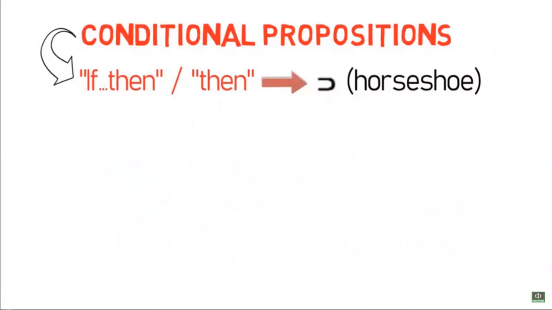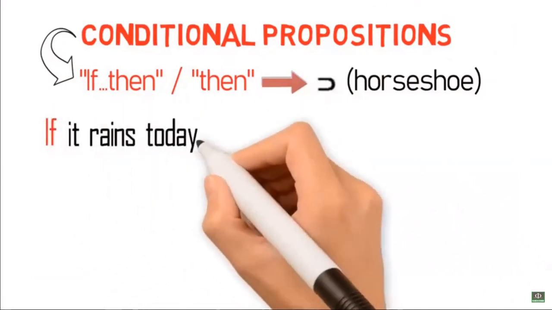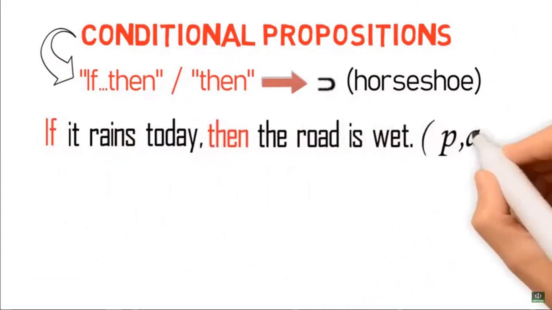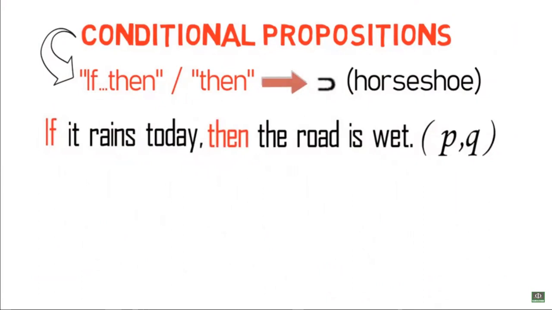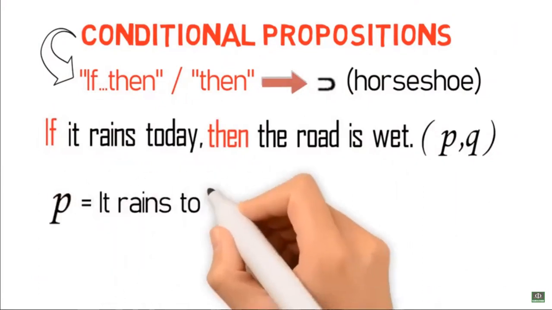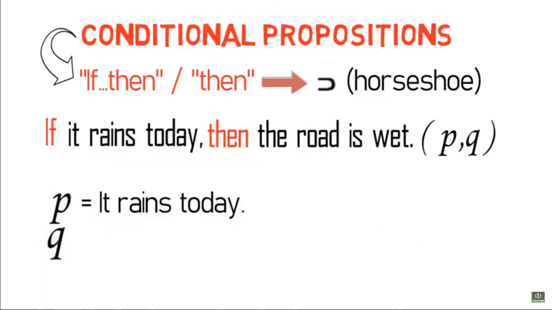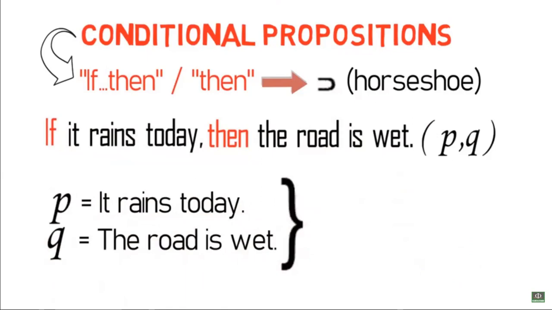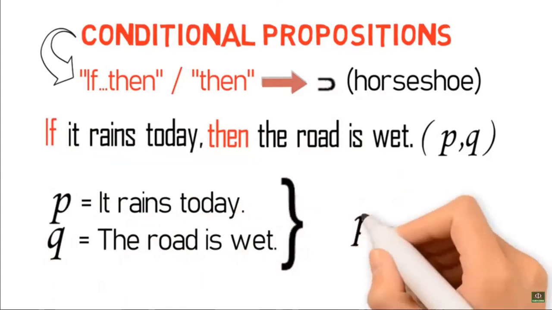Consider this example. If it rains today, then the road is wet. If we let P stand for it rains today and Q for the road is wet, then this example is symbolized as follows.